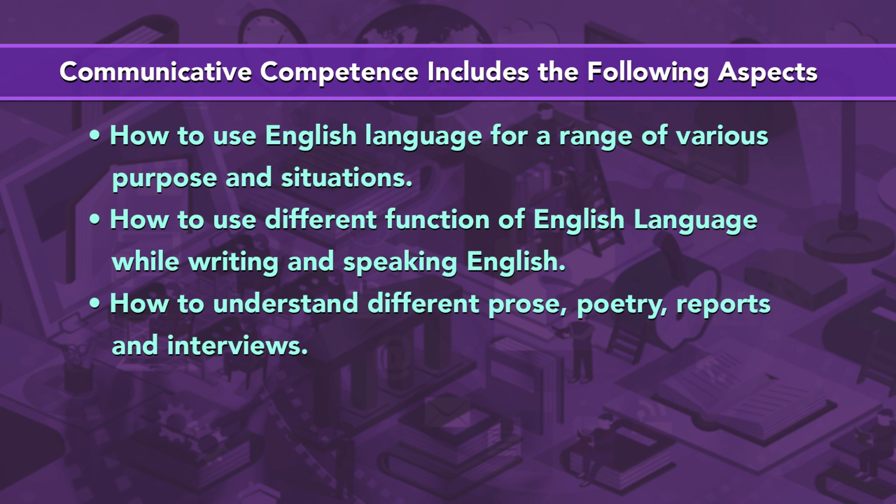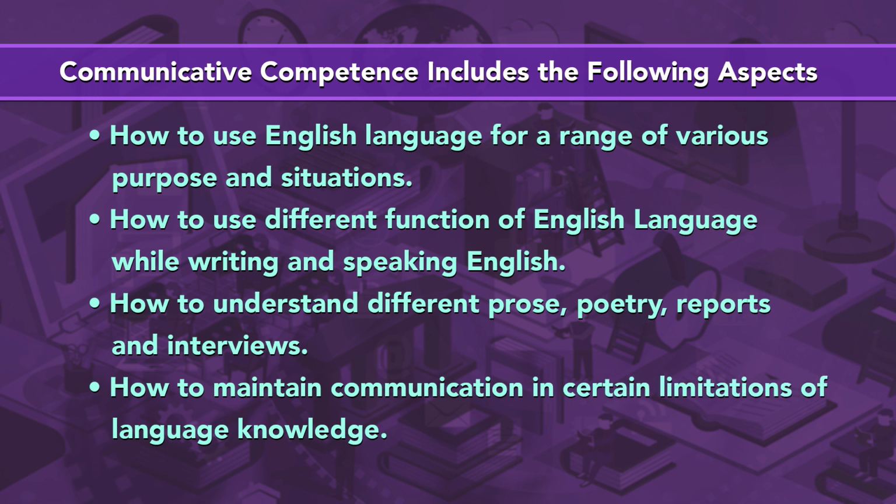Another aspect is how to understand different prose, poetry, reports and interviews. The meaning of this is that in day-to-day life, people have started to use English as much as they can. At that time, this communicative language teaching approach helps learners to understand what has been discussed during interviews of politicians, film stars and any other parties.